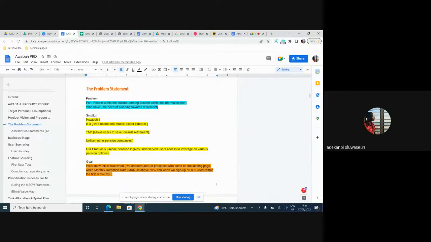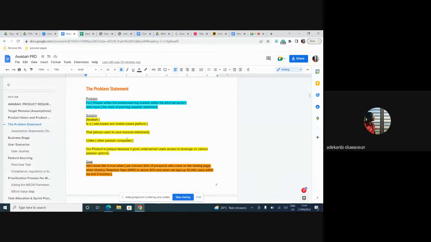So let's look at the problem first. We are saying that for people within the age of 18 and 65, with income earnings between maybe 10,000 naira and 50,000 naira within the informal sector. Remember that this should tell you about that demographic thing we talked about. So that's what you're saying in that first line.